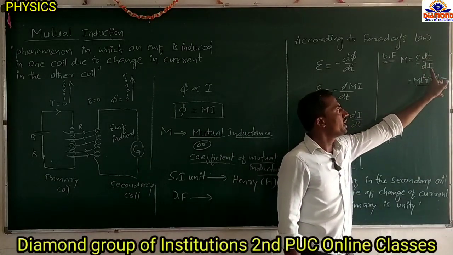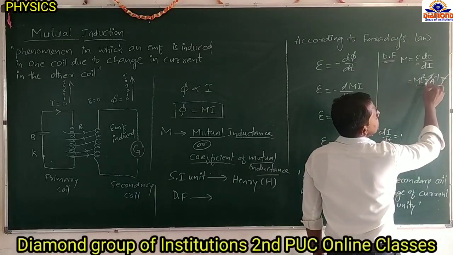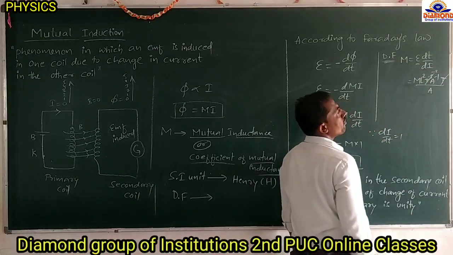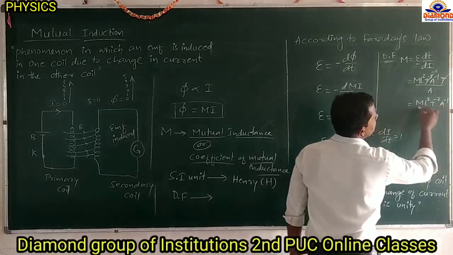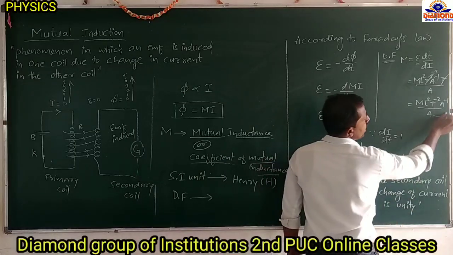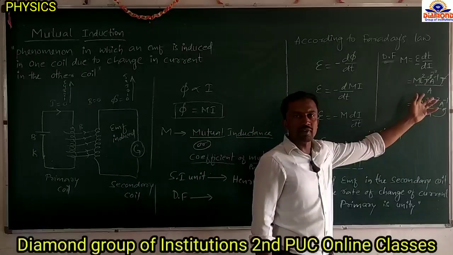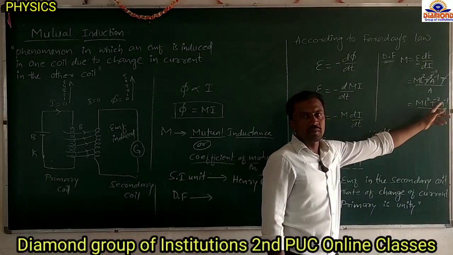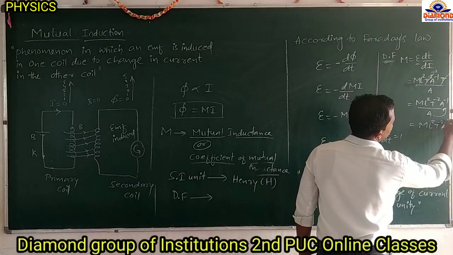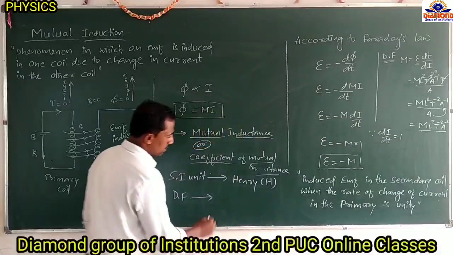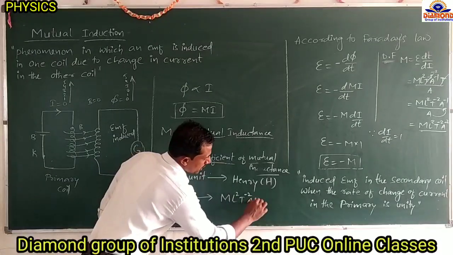Time is T, current is A. Then this T and T^-3 combine, giving T^-2. We write M L^2 T^-2 A^-1 divided by A. Taking this A to the upper side, the power is changed: minus, minus A^-1 means A^-2. So we write M L^2 T^-2 A^-2. This is the dimensional formula of mutual inductance or mutual induction.